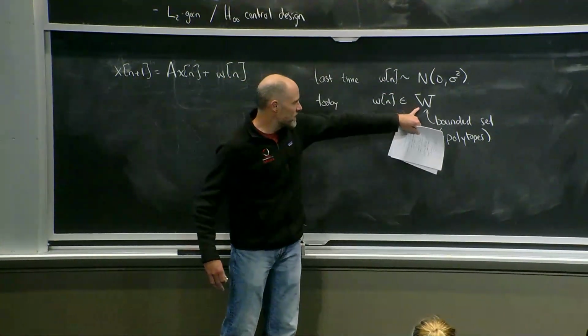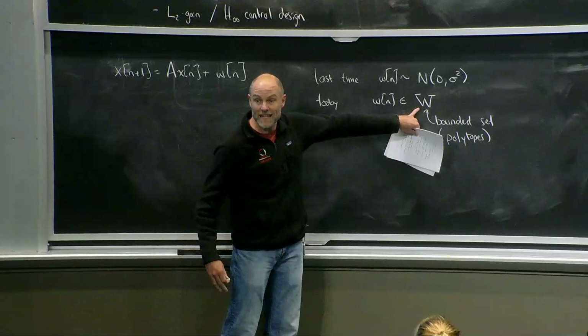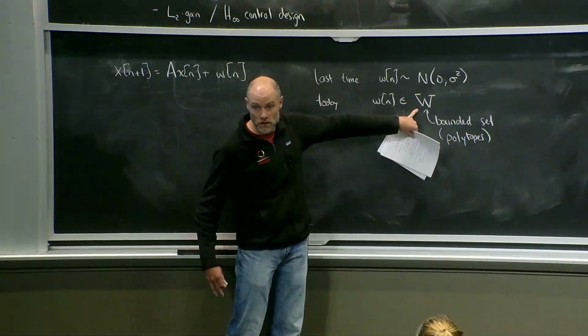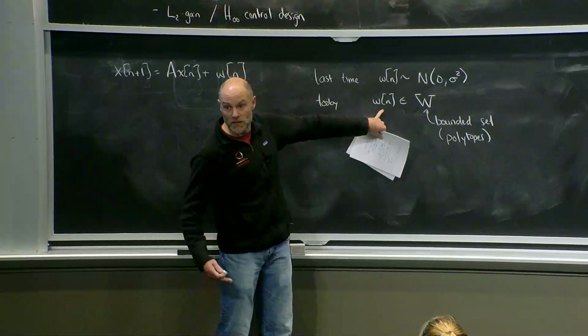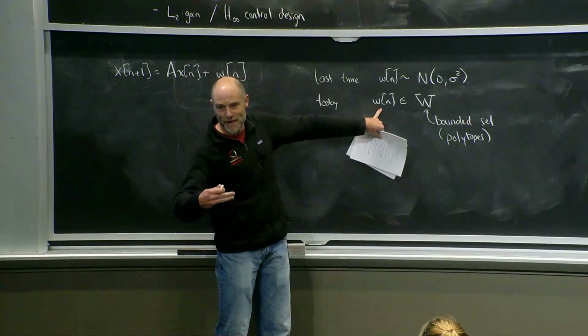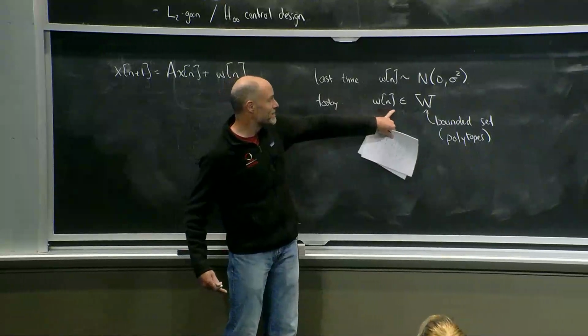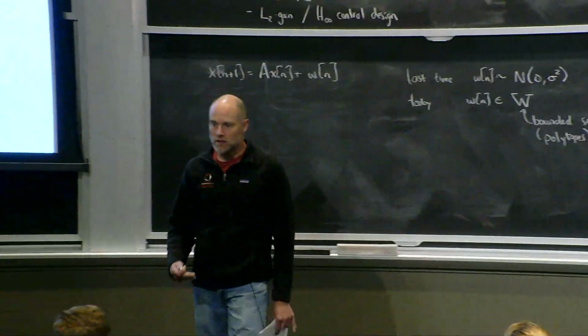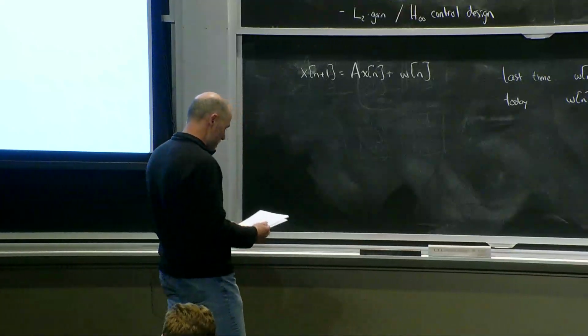This one is ambiguous. It says it could be any W in the whole box, right? And I'm going to be conservative in the sense I'm going to say there's an adversary, and some adversary gets to pick any W in the box in order to make my controller bad. So I need to be robust to all of the W's in that.